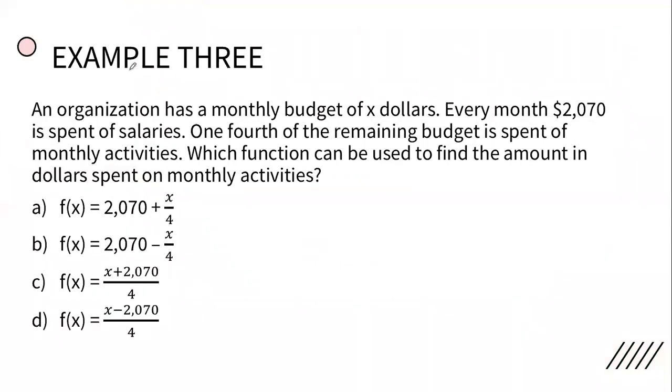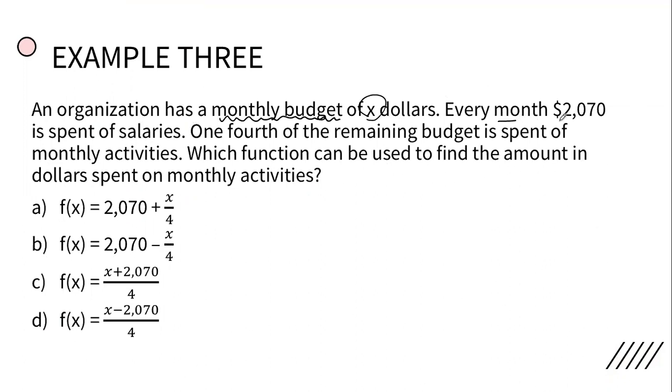All right, let's look at another word problem. This one's a little bit more difficult. An organization has a monthly budget of X dollars. Okay, so their monthly budget is represented by X. Every month, $2,070 is spent on salaries.